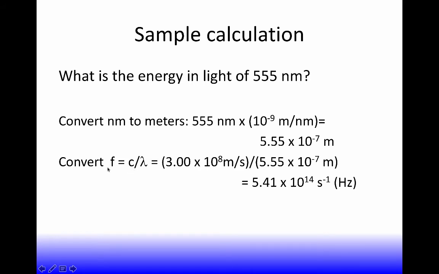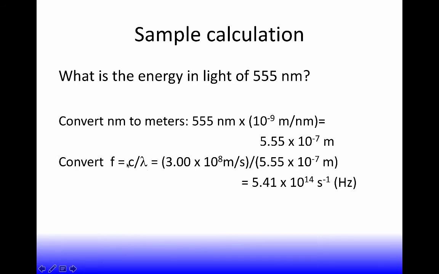Then, as you see, Planck's equation, it's energy equals Planck's constant times frequency. So this is a wavelength. So we've got to figure out what the frequency of that wave is. And we use the formula that I showed before. There's a relationship between frequency, wavelength, and the speed of light.